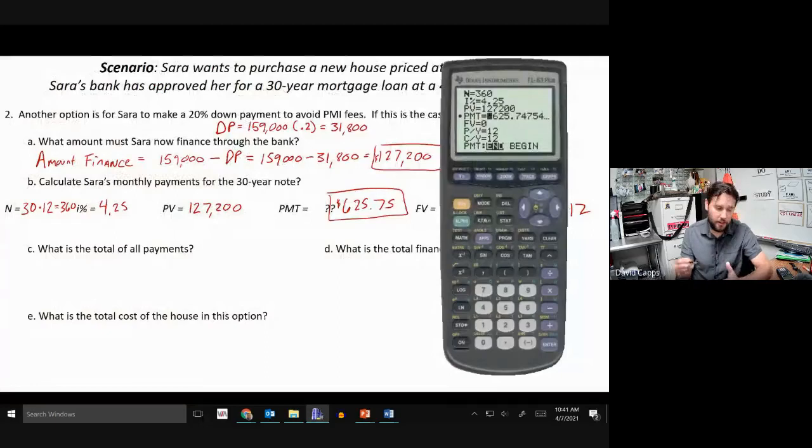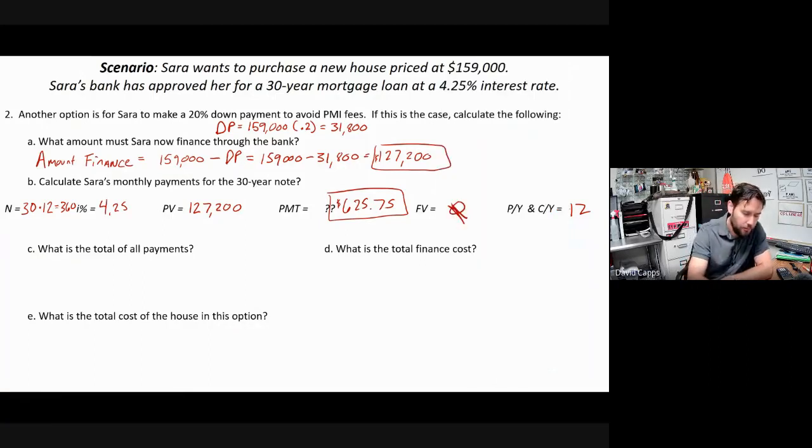So now let's revisit here and compare. We're really comparing no down payment versus a down payment. So what is the total of all her payments again? She's going to be paying this money 360 times. She's going to pay $625.75, 360 payments of $625.75.